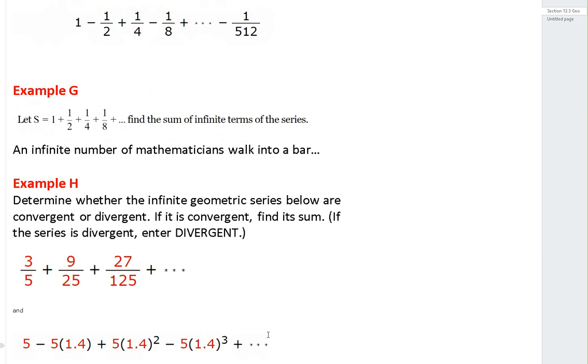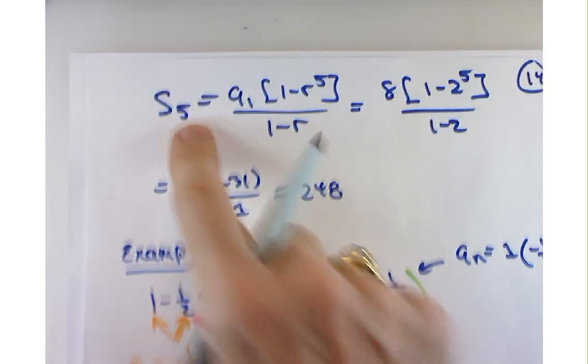Let's see. So we just calculated S sub n, or actually S sub 10, for our previous example. We summed up the first 5, and then the first 10 numbers of a geometric sequence.